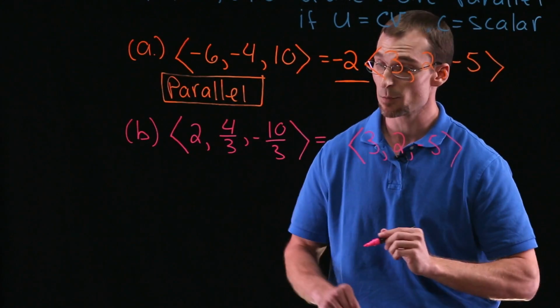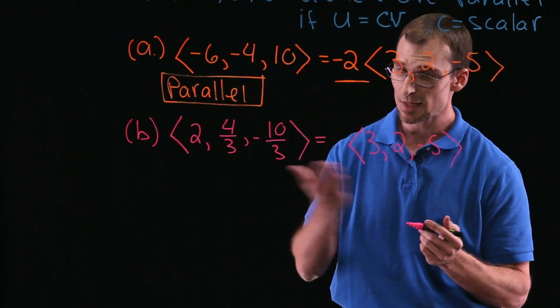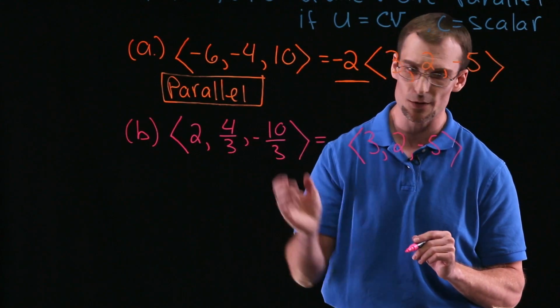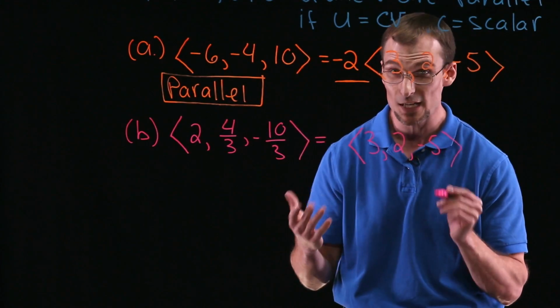You could play the same number game, but it's not so obvious what scalar we should multiply through by to get 3 to equal 2, 2 to equal 4/3, and -5 to equal -10/3, if in fact there is one.